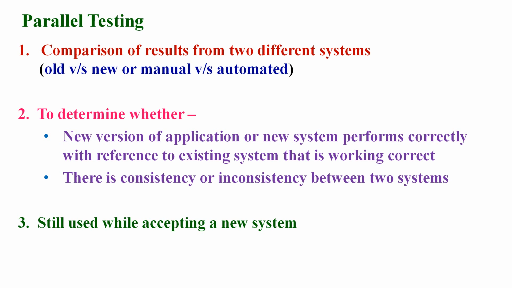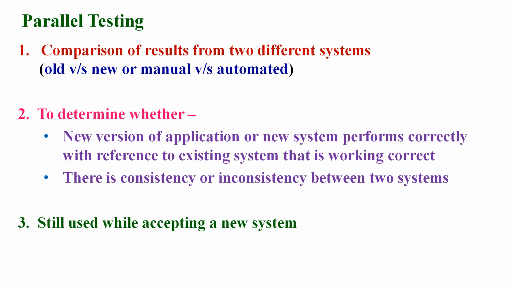During parallel testing, the software testing team will conduct the testing in parallel on both the new version and the older version of the application, on the old project and the new project.